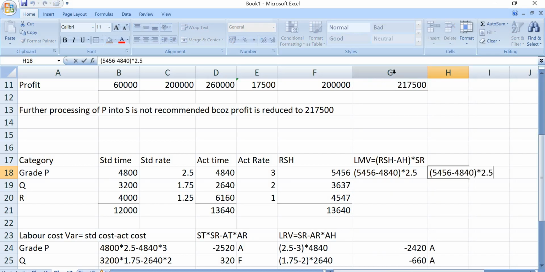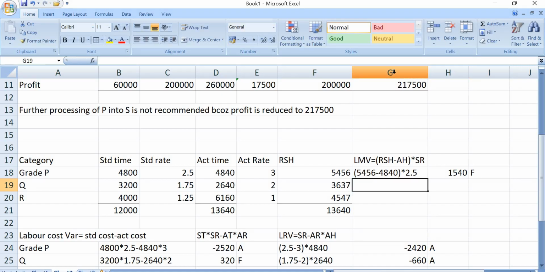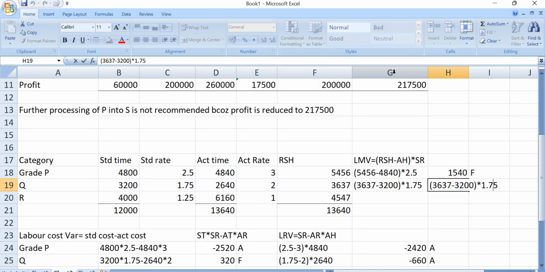So I will be getting 1,640 favor. So here 3,637 minus 3,200 into 1.75. So hope the formulas are very clear now. By this time it is by-hearted. So this also comes in favor only.